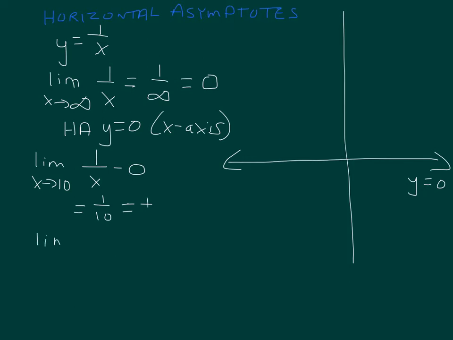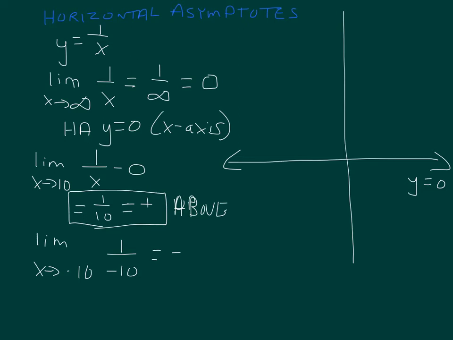If I do the same thing, as x approaches negative 10, I would get 1 over negative 10, which is going to be a negative value, and again, that's all I care about. Because the positive in the first example tells us that this curve is going to be above the asymptote.